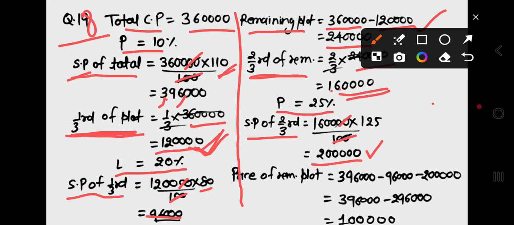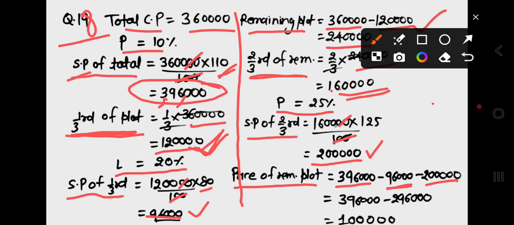Okay, so find the price of the remaining plot. His desirable selling price is 3,96,000. He wants to sell the plot at 3,96,000. So 3,96,000 minus selling price of one third of plot, which is 96,000, and selling price of 2/3 of the remaining plot, which is 2 lakh.